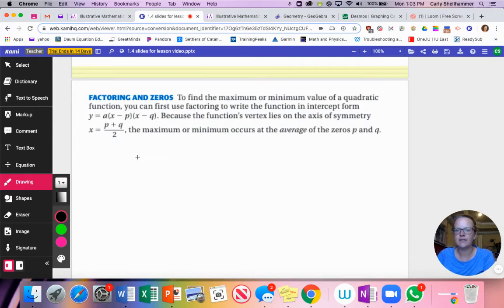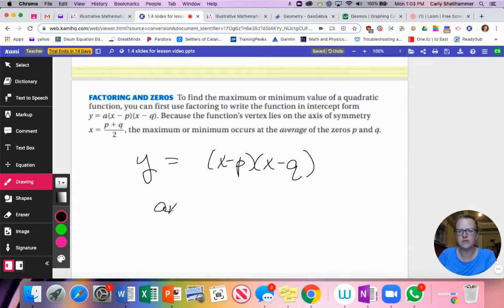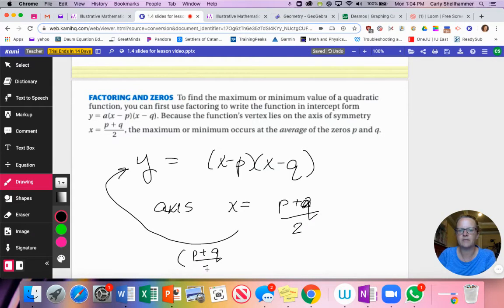We had standard or factored form, except now we have y equals x minus p, x minus q, and the axis of symmetry was x equals p plus q, divided by 2. And then you would plug that back into the equation to find the y value that matches the vertex.